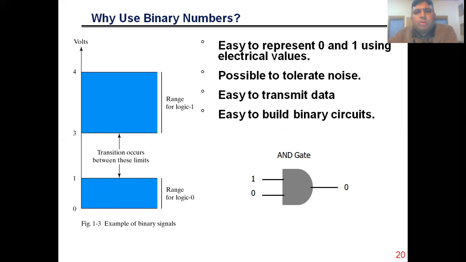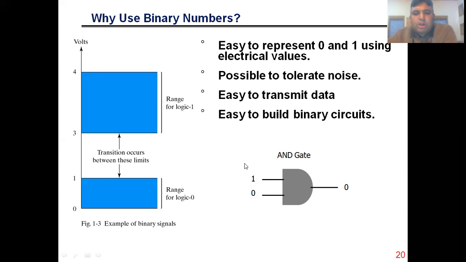Why do we use binary numbers? It is easy to represent 0 and 1 using electrical values, possible to tolerate noise, easy to transmit data in the form of 0 and 1s, and easy to build binary circuits. For example, an AND gate can be designed for these two values, binary numbers 1 and 0.